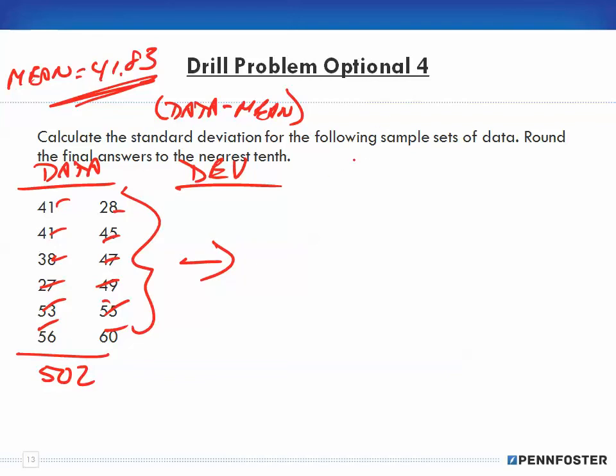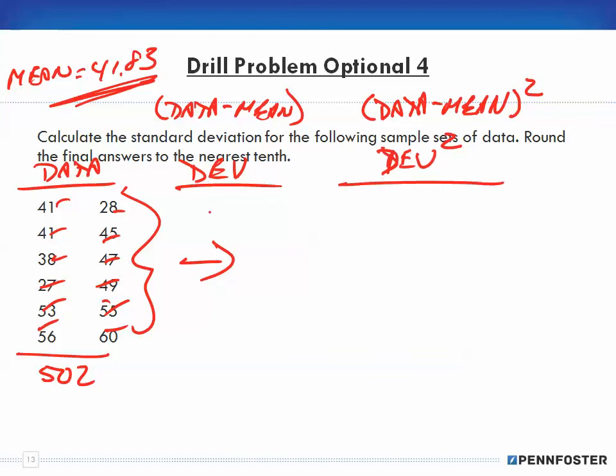The following step is I take those deviations and I'm going to square them, meaning I'm going to multiply that number by itself. So that looks like this: the data minus the mean squared, or the deviation squared.